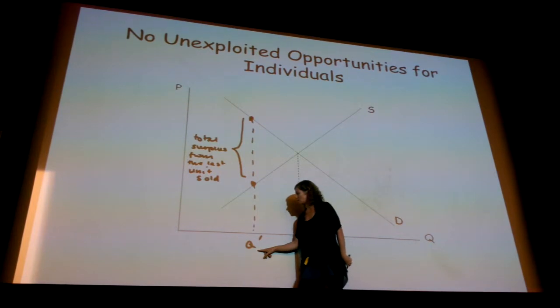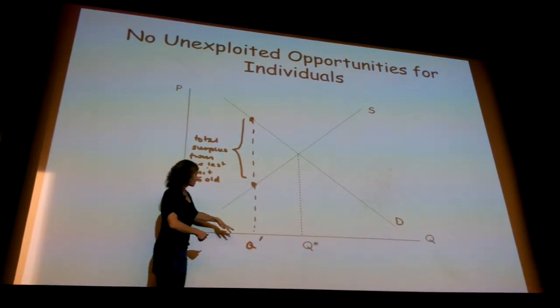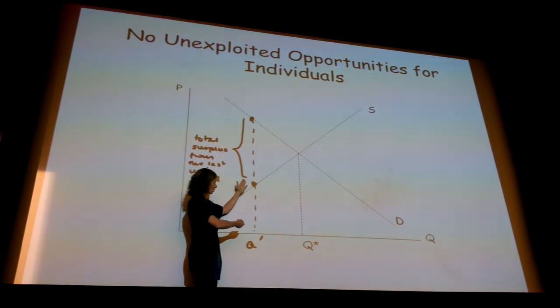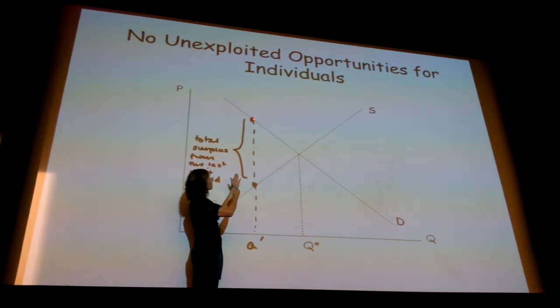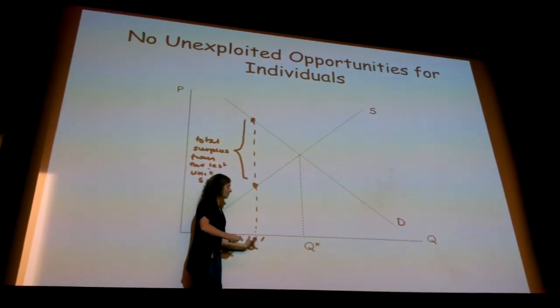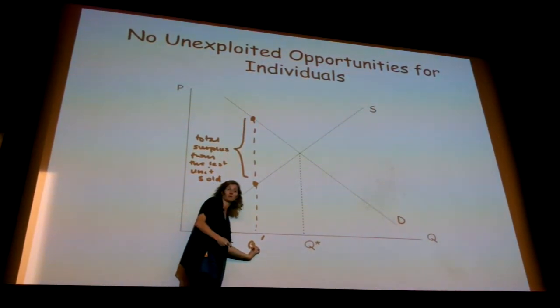What's the surplus on that? Well, the supply and demand picture that we have here tells us something about that. We know that the demand curve tells us the buyer's reservation price. We know that the supply curve tells us the seller's reservation price. And so this distance here between the demand curve and the supply curve tells us the surplus on that very last unit that was sold.